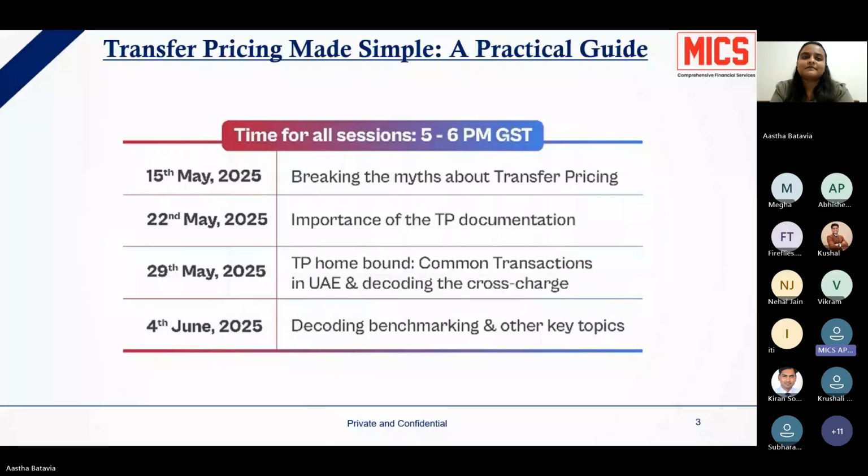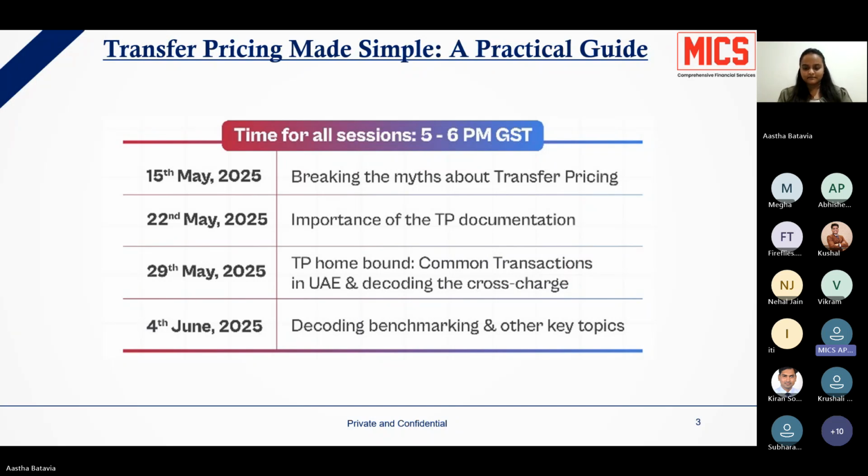Is the justification enough that the transaction is complying with ALP, or should TP documentation be maintained even if the threshold is not met? If I understand your question correctly, you are asking whether maintaining a justification that the transaction complies with ALP would suffice if the TP documentation threshold is not met.